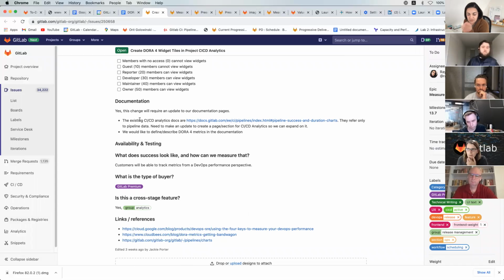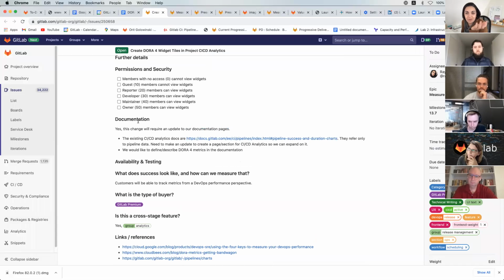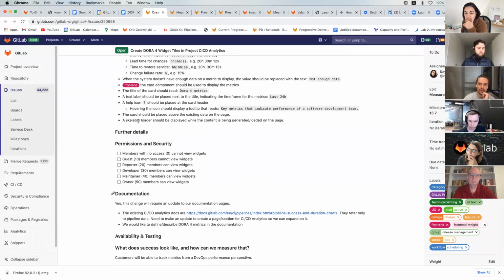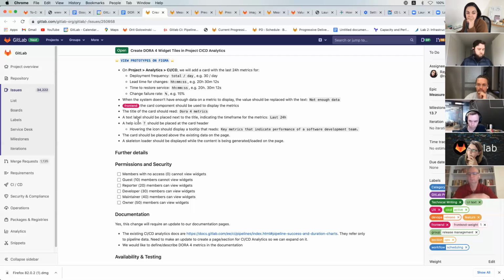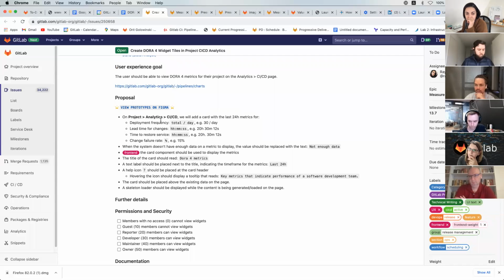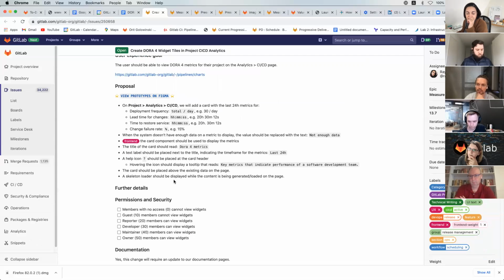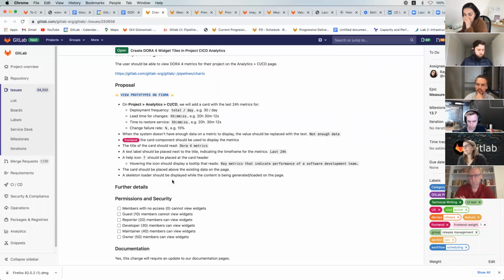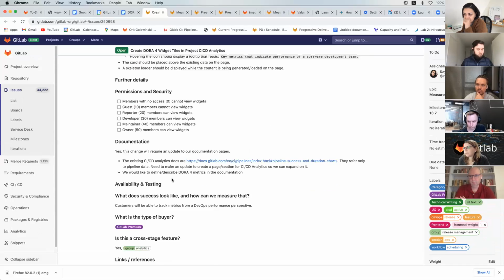And then I think we just have to align, because I saw that Dimitri's prototype had it in a different place from what I have proposed for 13.7. Yes, as far as I understood and discussed with Orit, the idea was to keep it in the CI/CD analytics page under the project view, as that is under our full control.